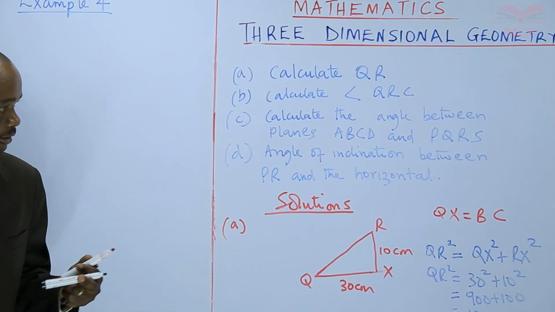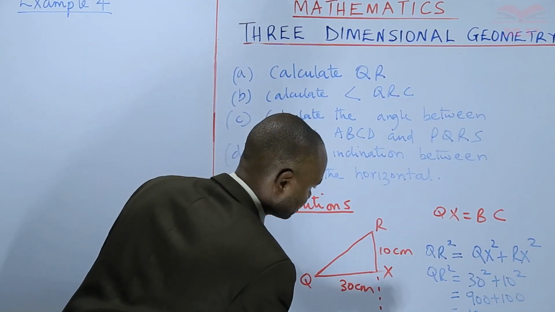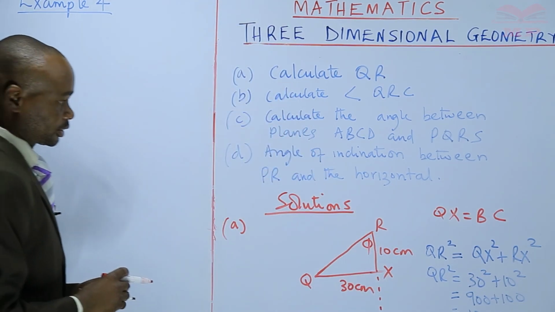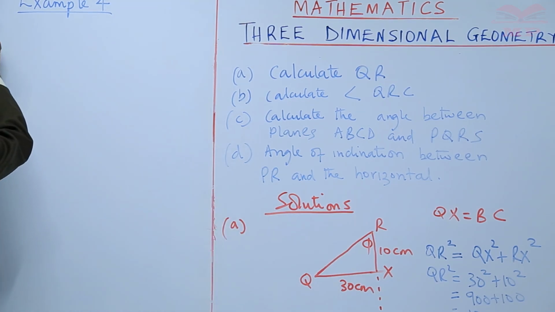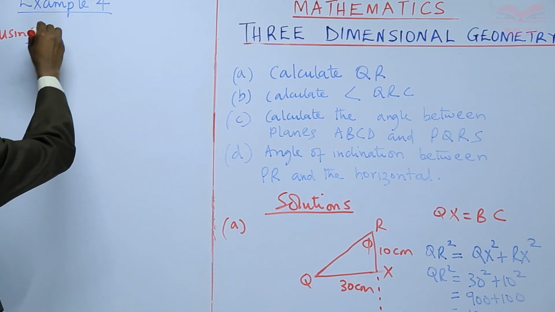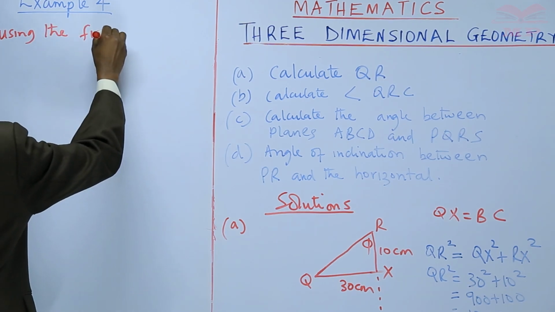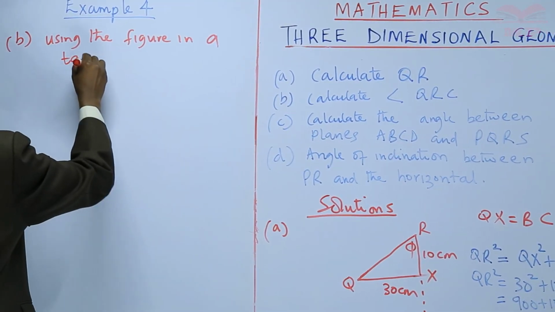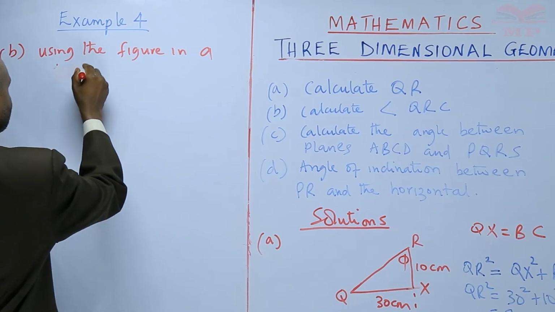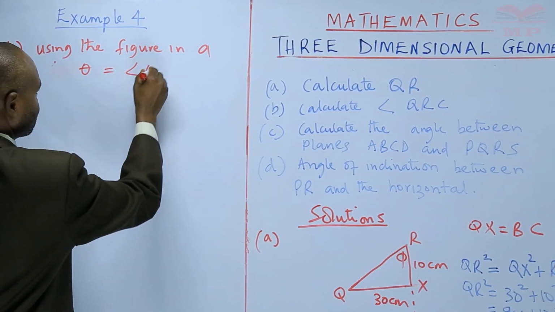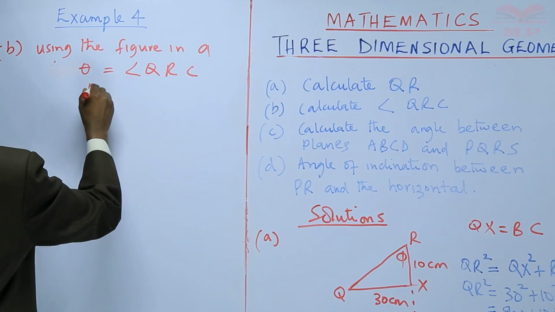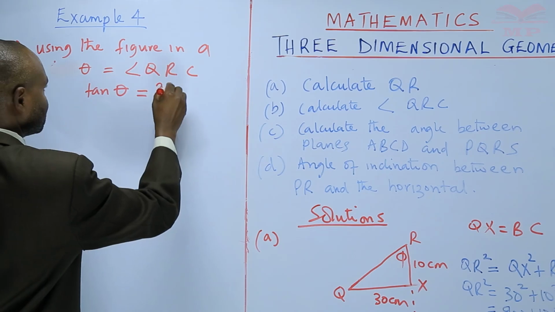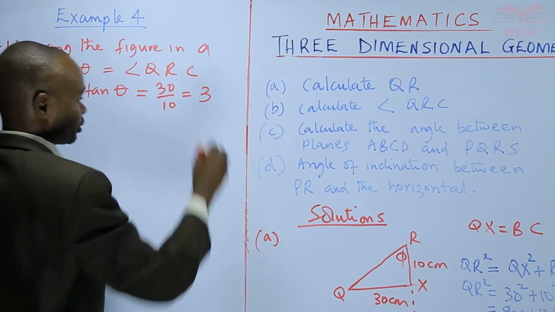Angle QRC. You note C is somewhere here, so they are talking about that angle. Using the figure in A, you'll say tan theta, where theta is angle QRC, will be equal to 30 over 10, which gives you 3.